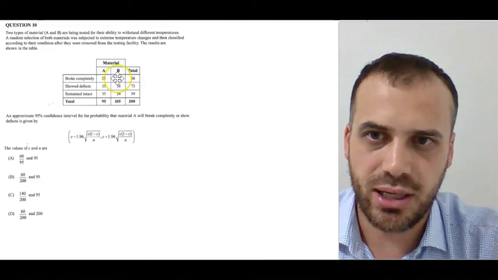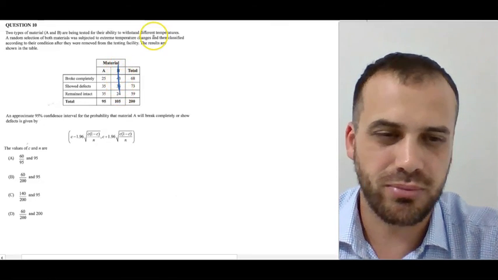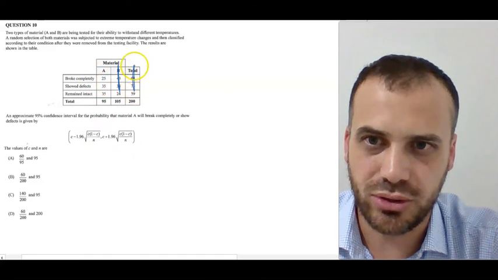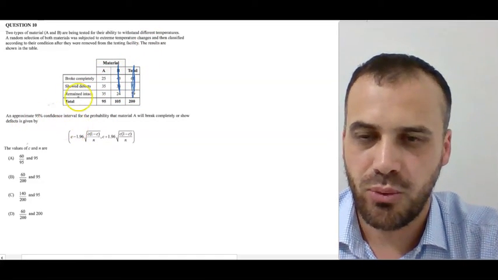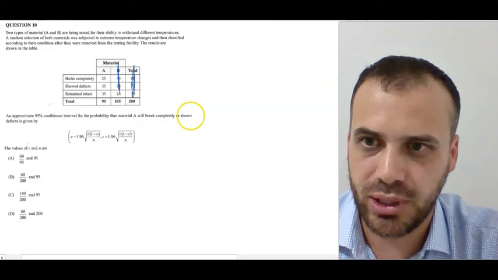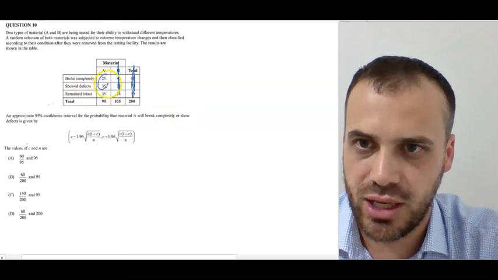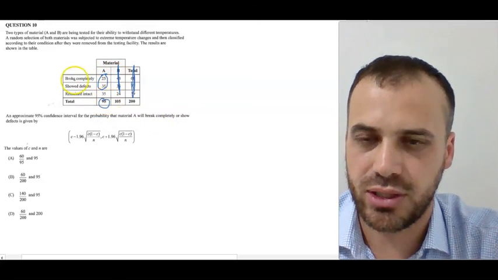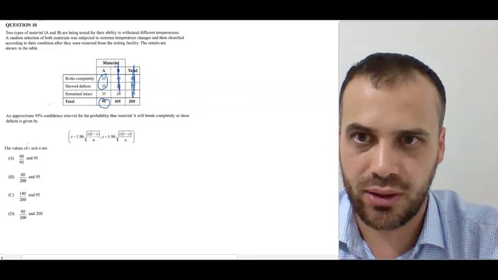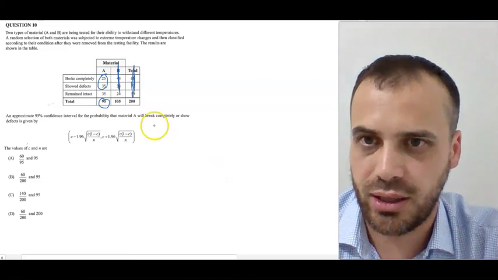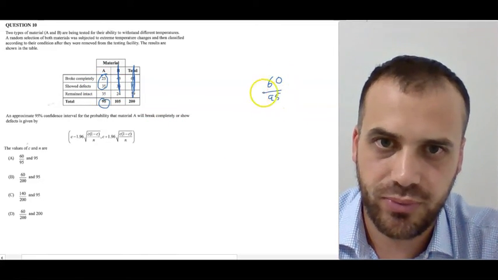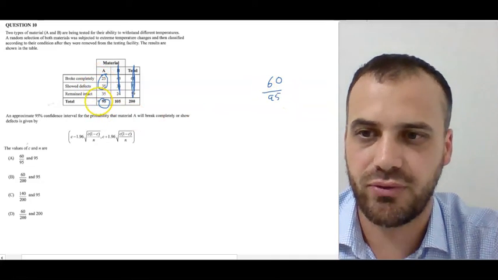What this means is that any information we've been given on B is immaterial. And in fact, any information we've been given on total is immaterial. So we really just need to look at A, will break completely or show defects. So that's this bit here. All right, so the expected experimental probability of it breaking is 60 over 95. 60 out of 95.